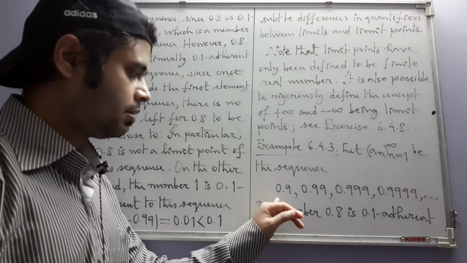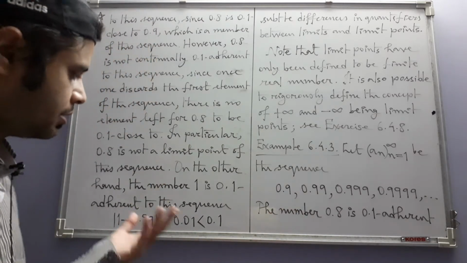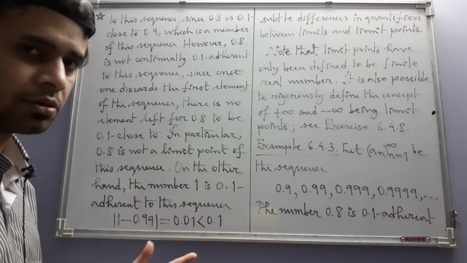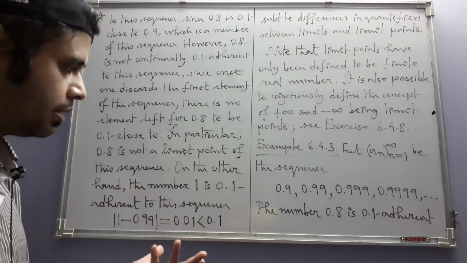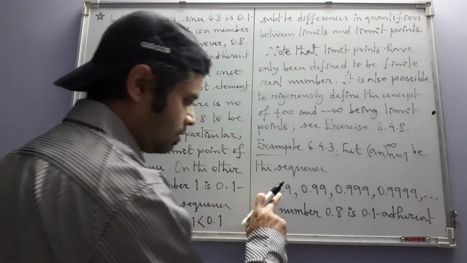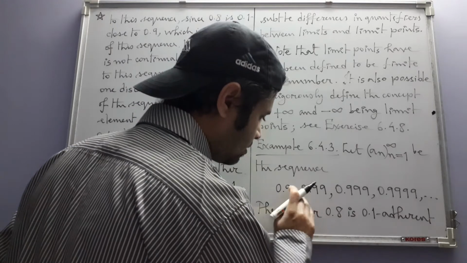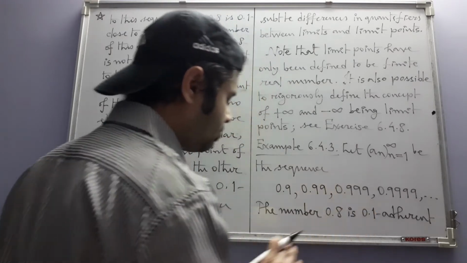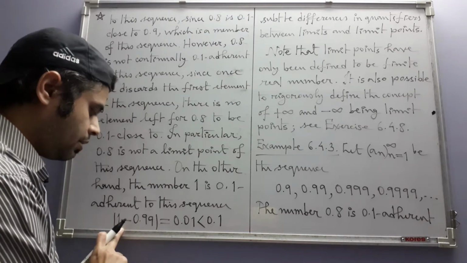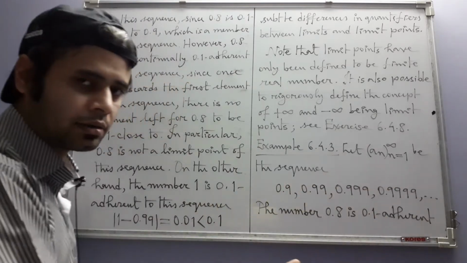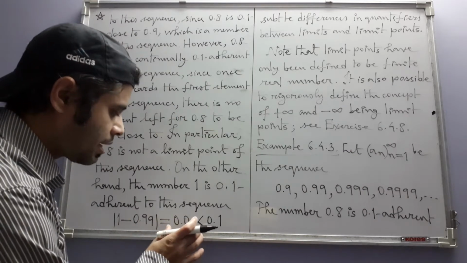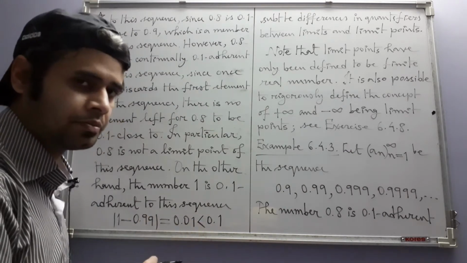Okay, and the fact that this is not just 0.1 adherent but continually 0.1 adherent to the sequence, this real number 1, depends on the fact that if you take differences of 1 and the other terms, the further down the sequence you go, the difference keeps diminishing.